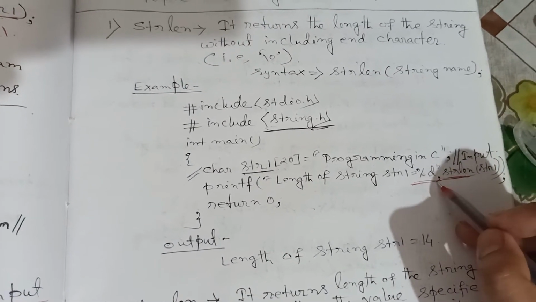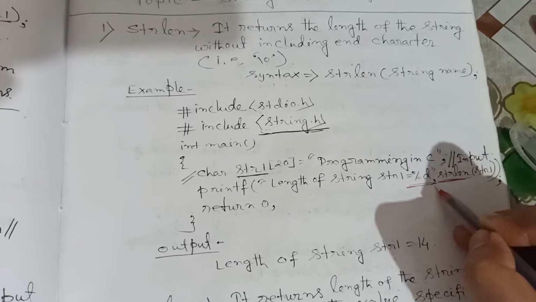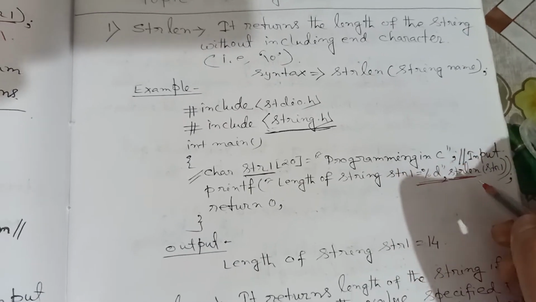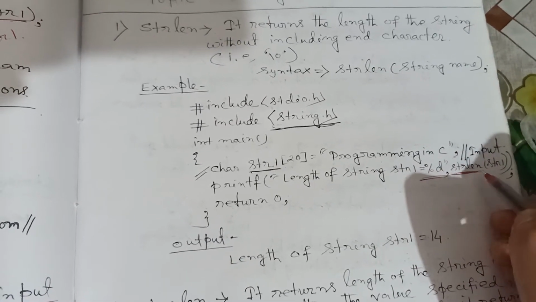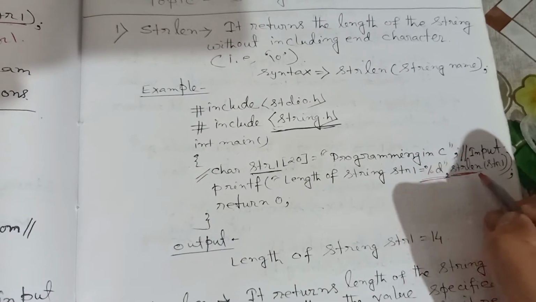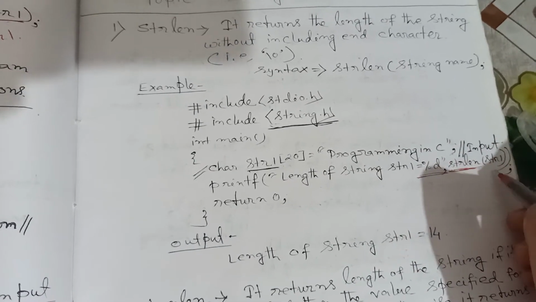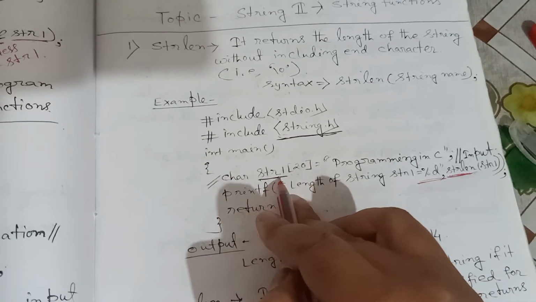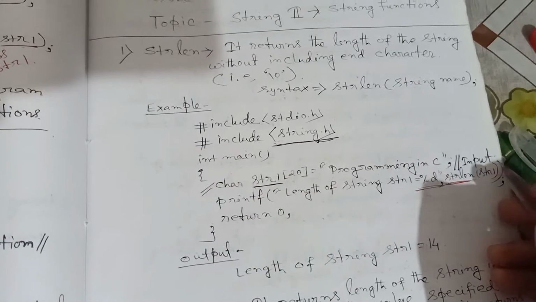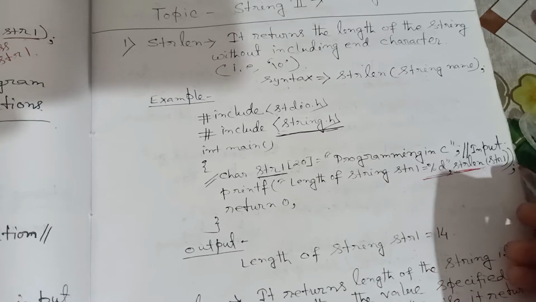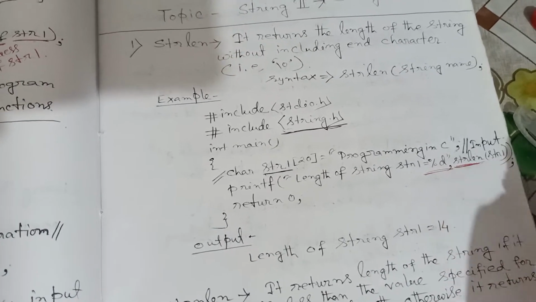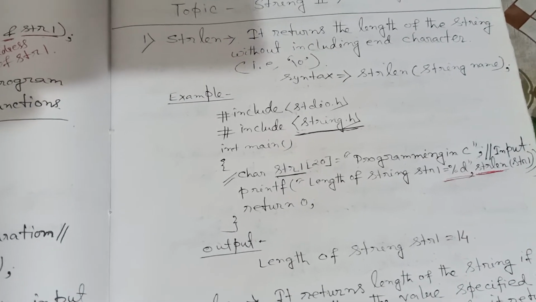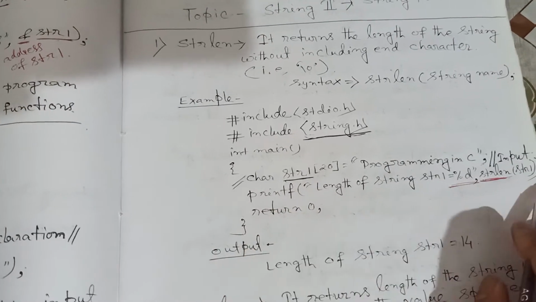After the double quotation, comma, then the string function strlen within first bracket str1, as str1 is the string name, and close the printf and give a semicolon, then return 0.